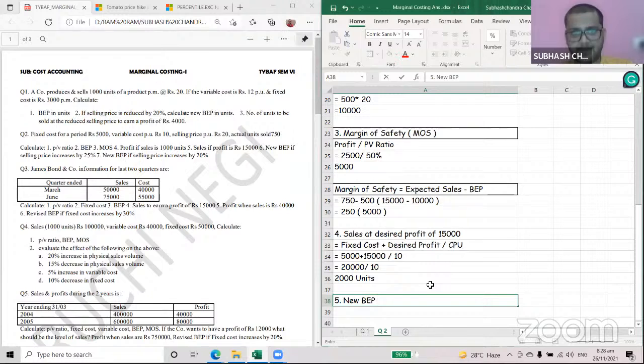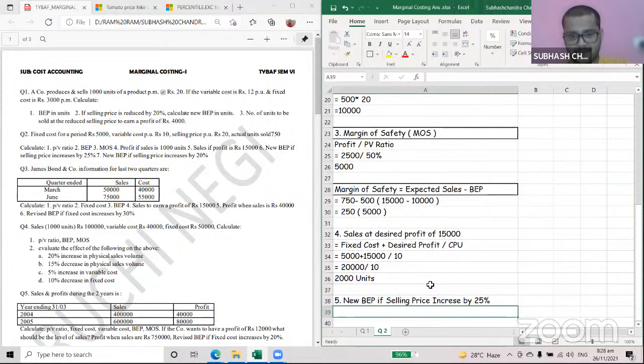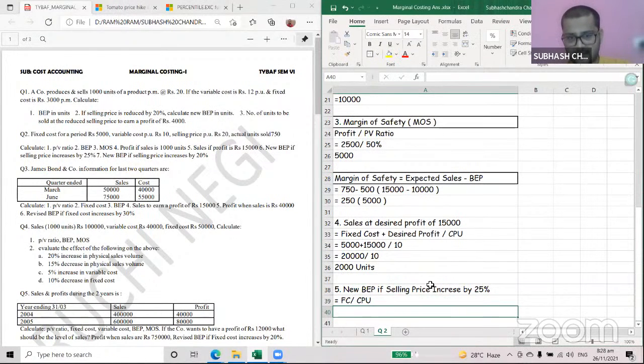New BEP if selling price increases by 25%. So what will be our formula? Fixed cost divided by contribution per unit. Your fixed cost will remain the same, 5,000.